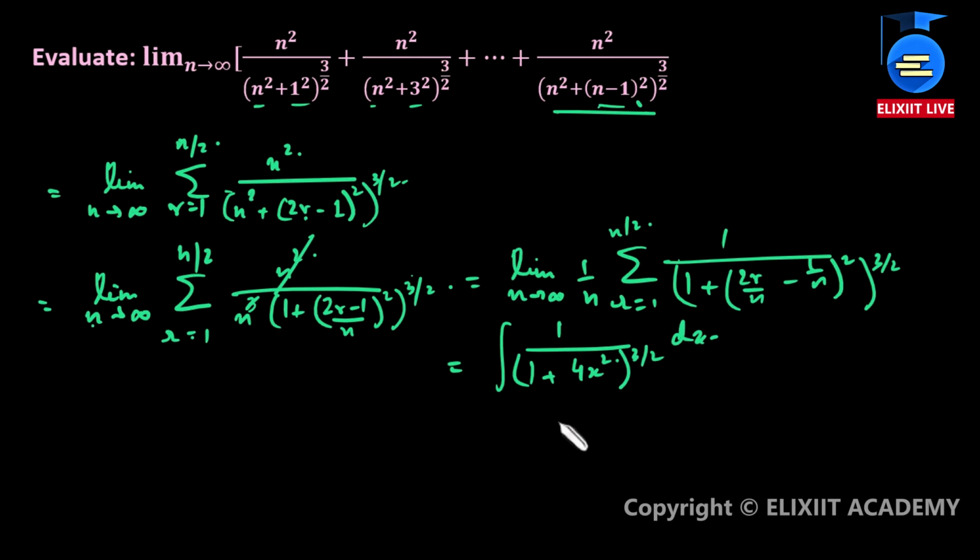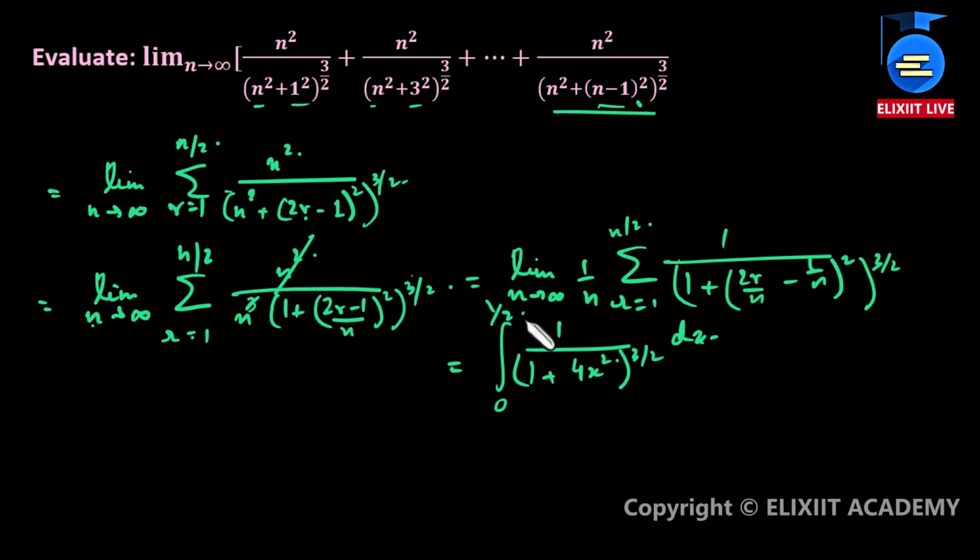Now what are the limits? It goes from r equals 1 to n by 2, so definitely this will go from 0 to half. You can verify by the same process: for the lower limit, you divide by n and take limit n tends to infinity, which gives 0.